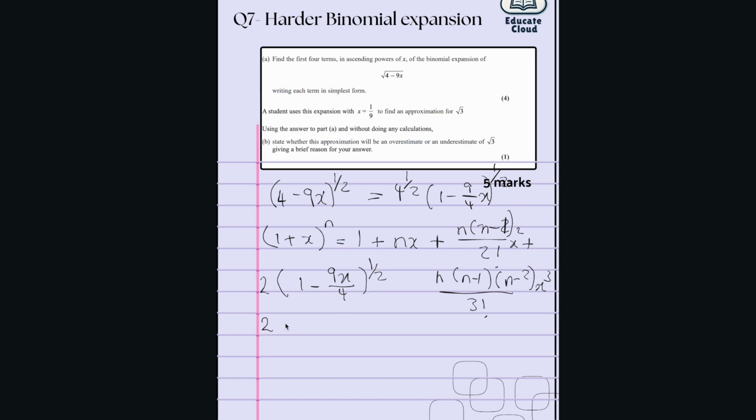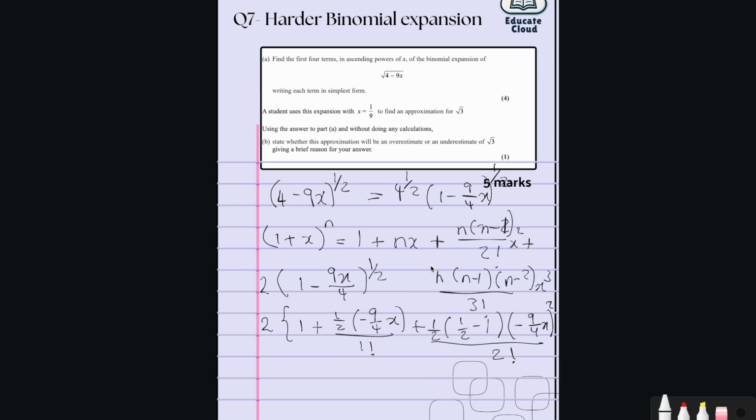So that's going to give us 2 times 1 plus a half times minus 9 over 4 x over 1 factorial, plus a half times a half minus 1 times minus 9 over 4 x squared over 2 factorial, and so on and so forth.